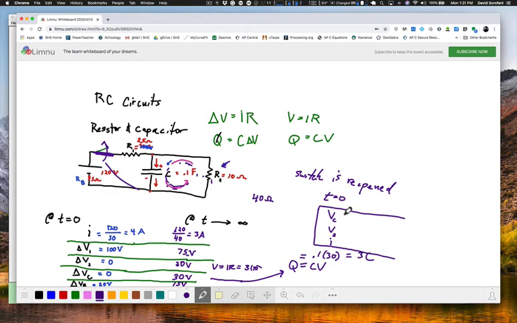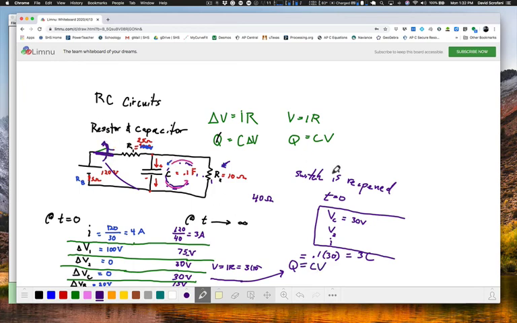The voltage across the capacitor, we know from a moment ago, was 30 volts. It's going to be 30 volts still because there's 3 coulombs on that capacitor. With 3 coulombs and a capacitance of 0.1, there must still be 30 volts across that capacitor at the moment that we open up this big switch.